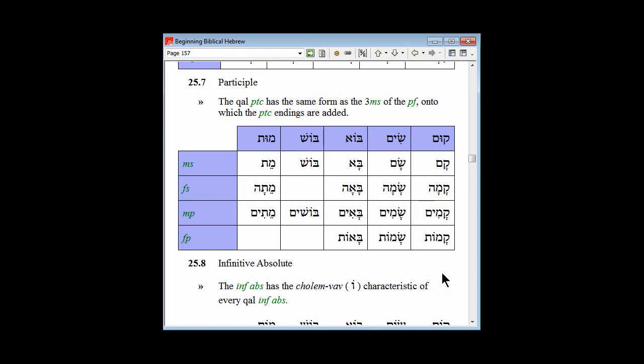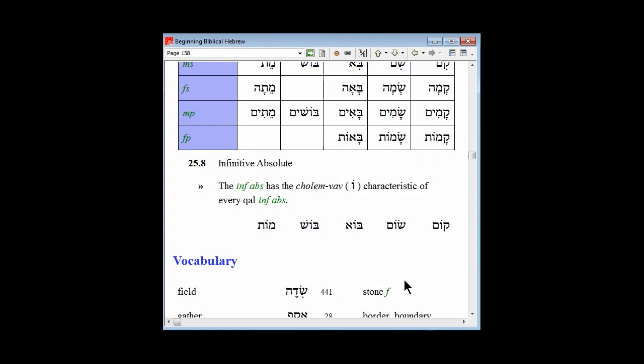So to this point, you've got your lemma forms that could be two things: infinitive construct or imperative second masculine singular. And here you have the shortened forms without the long vowel that could be either third masculine singular perfect, third feminine singular perfect, or masculine or feminine singular participles.